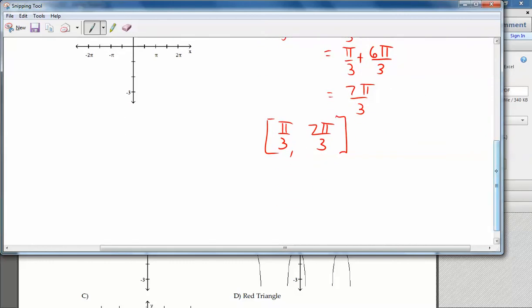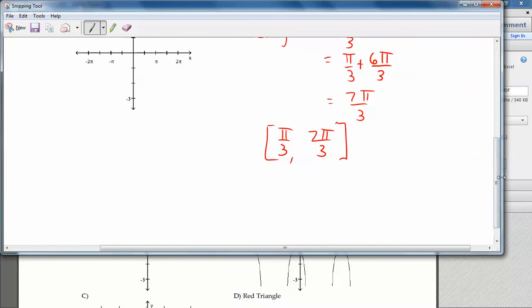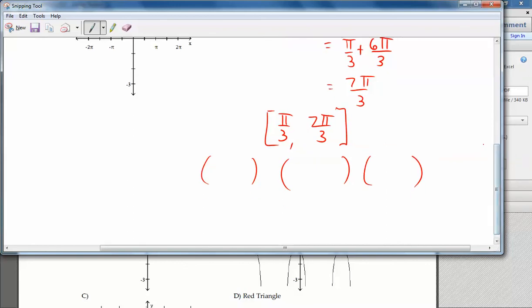So now I want to come up with my 4 subintervals so that I can figure out my significant points to help me graph this. My starting point was pi over 3 and my ending point is 7 pi over 3.